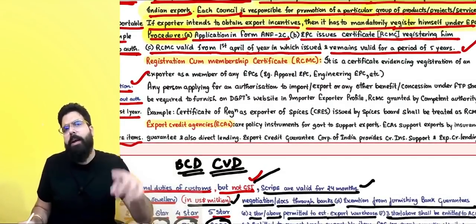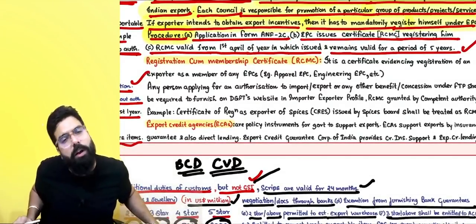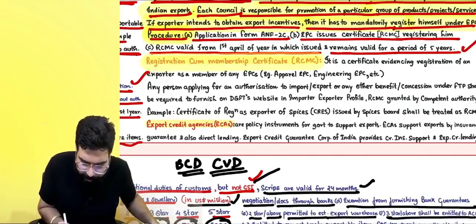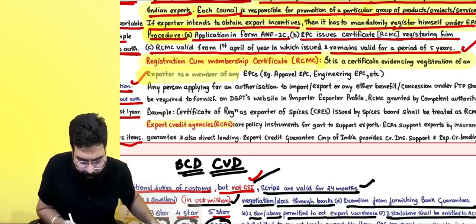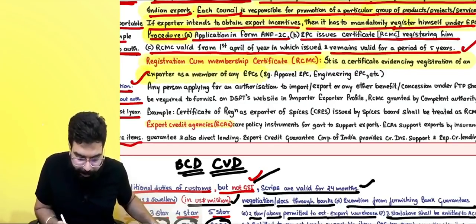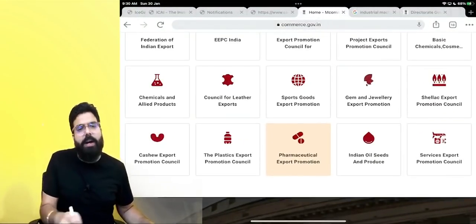Once you register, they will give you a registration cum membership certificate, and that is valid for 5 years. It's a certificate evidencing registration of an exporter as a member of the Export Promotion Council. I have just now shown you the various export promotion councils which are there.